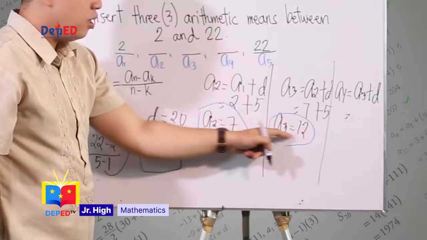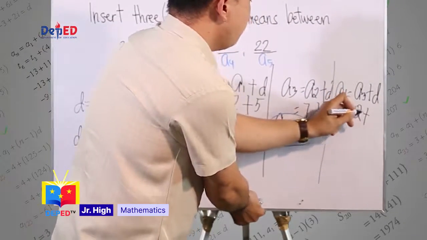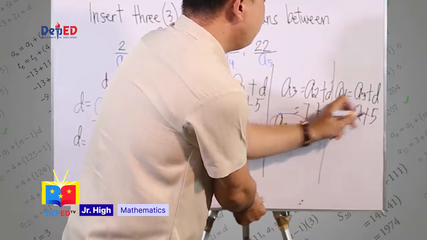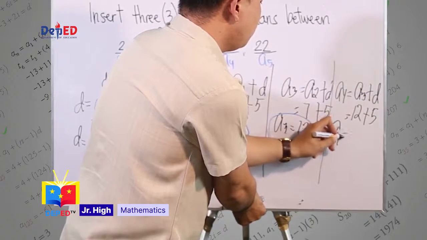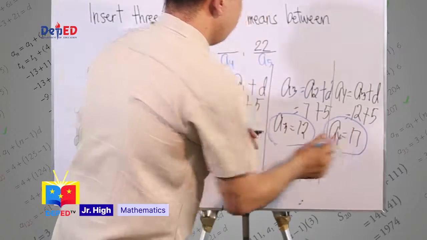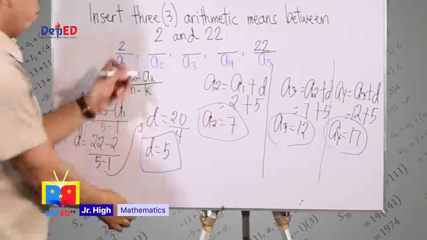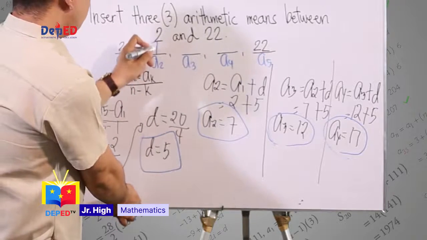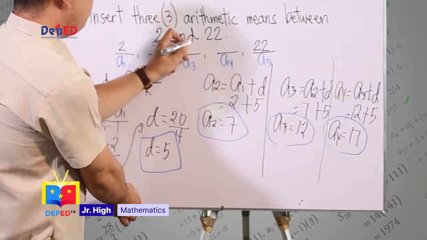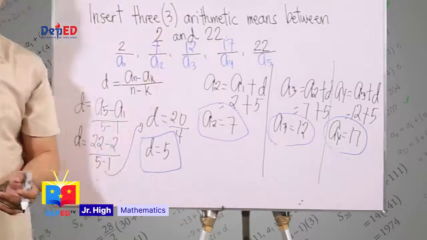Our a sub 3 is 12 plus the difference, which is 5. Our a sub 4 is equal to 17. Therefore, the second term is 7, third term is 12, and the fourth term is 17.